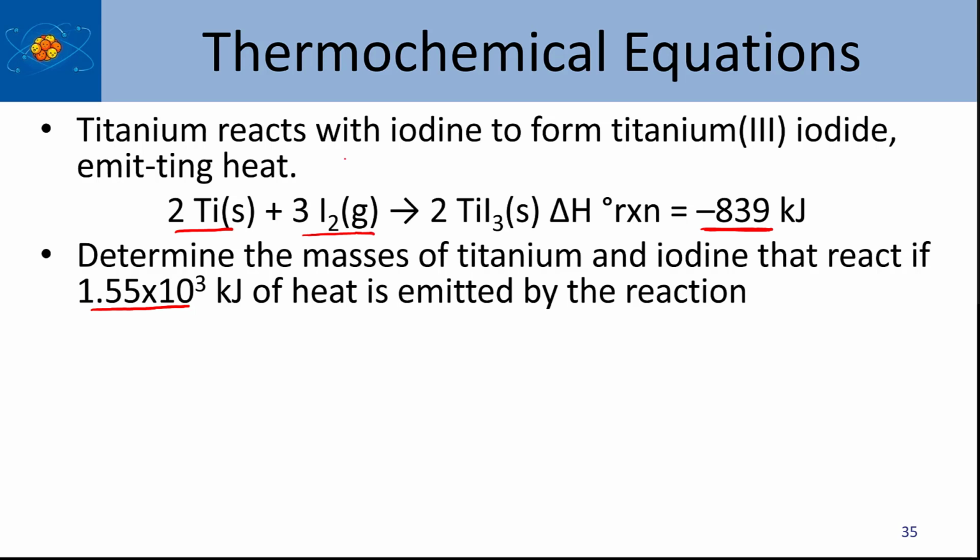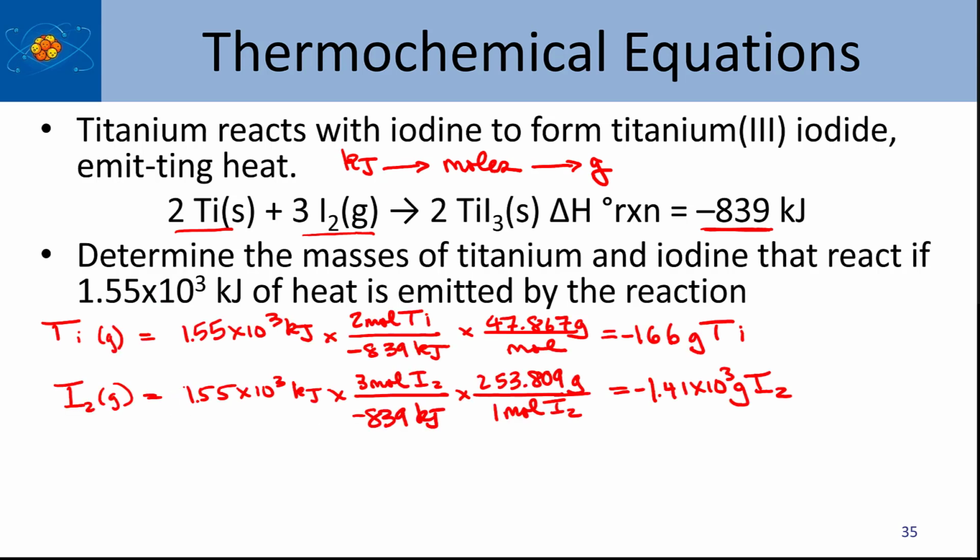So your pathway is going to be kilojoules to moles to grams. And it doesn't say what unit, so we'll stick with grams. Go ahead and pause it, and then I'll have it all worked out on the slide, and we can discuss how it's done and the answers themselves.